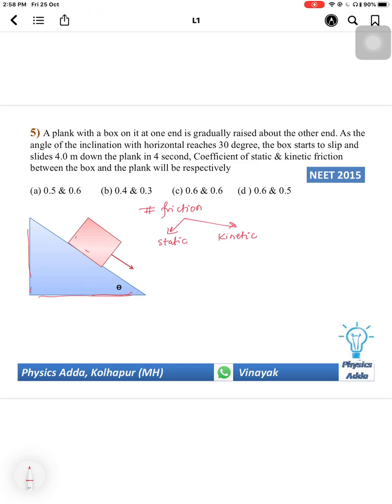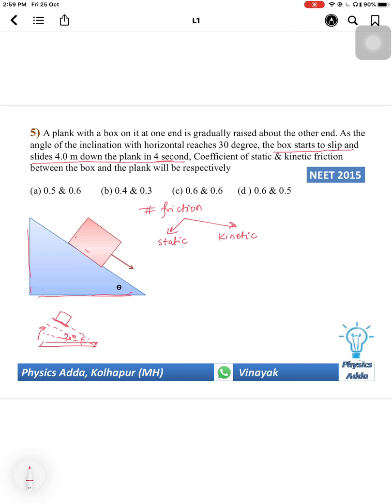So this plank is gradually raised about the other end. As the angle of inclination with horizontal reaches 30 degree, I'm gradually raising this plank like this. When this angle becomes 30 degree, the box at one end starts to slip and slides 4 meters down the plank in 4 seconds.